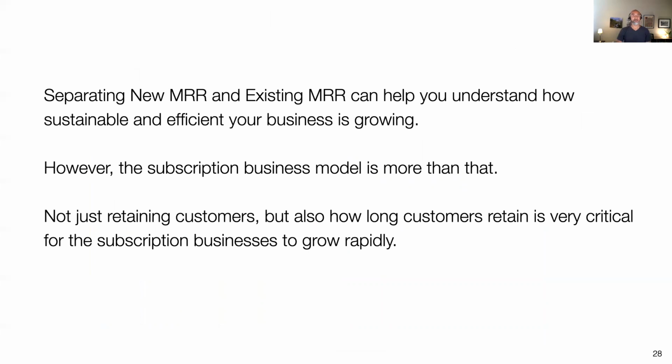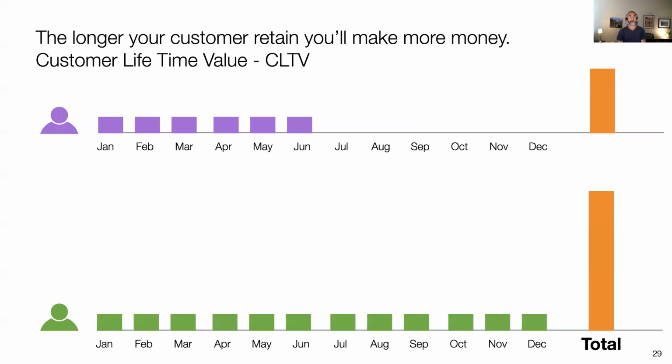However, the subscription business model is more than just new customers and existing customers. Not just retaining the customer, but also how long customers are retained is very critical for a subscription business to grow rapidly. So let's look at the two cases above and below. In the above case, the purple customer started in January and then churned in July.